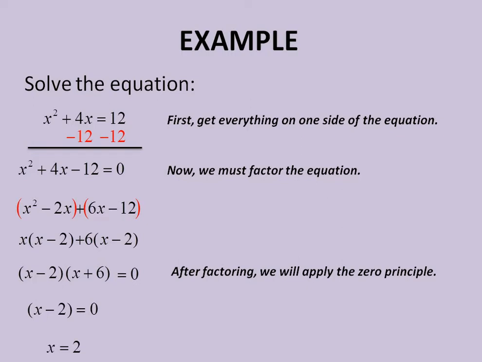Then we would set the other factor, x plus 6, equal to 0, and to solve that for x, we would subtract 6 over, and we would get x equals negative 6. So we have the solutions, our two solutions, would be x is equal to 2 or negative 6. Again, we should expect two solutions anytime we have a quadratic equation.